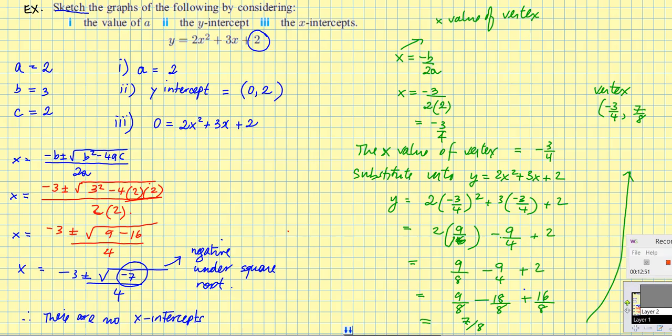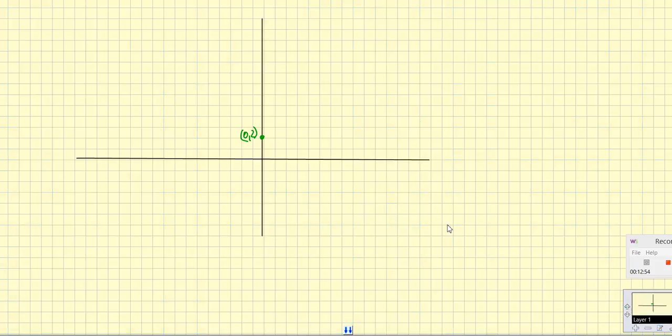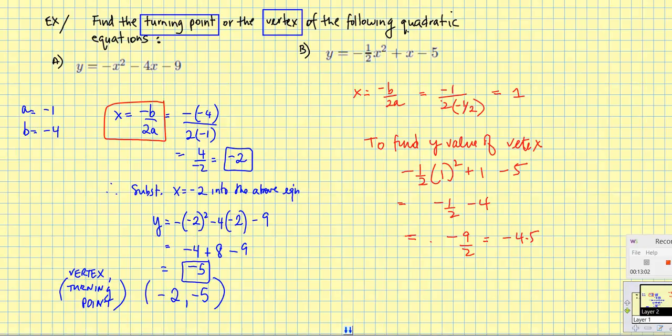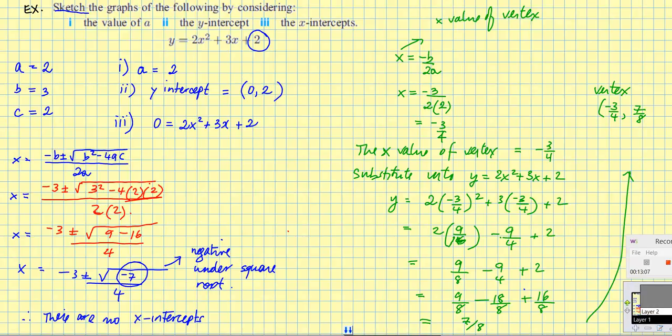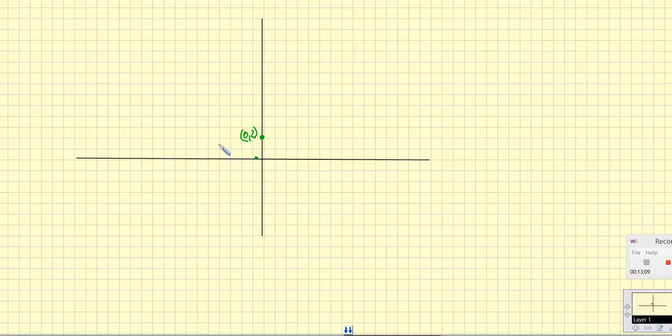So I know that 0, 2 is my y-intercept, and we also know that the vertex is found at negative 3/4, so it's approximately here, negative 3/4, and we know that the other point is found at negative 3/4 and 7/8, which is somewhere over here. Okay, so negative 3/4 and 7/8.